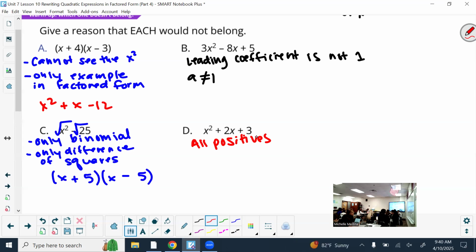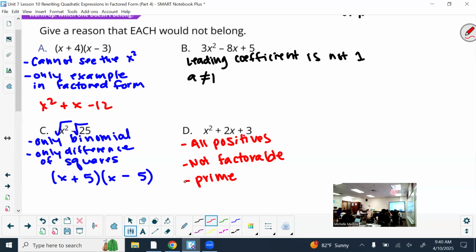Okay, you probably don't have enough of the knowledge yet, but we're going to tell you. It's the only one of these that is not factorable. What do we call it when it's not factorable? So it's the only one that is a prime example.